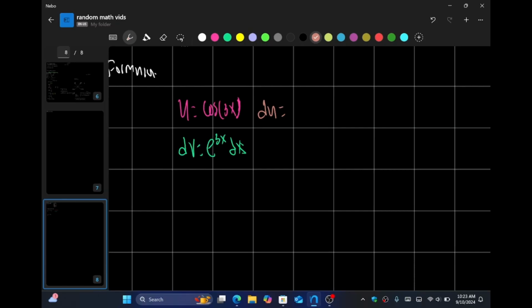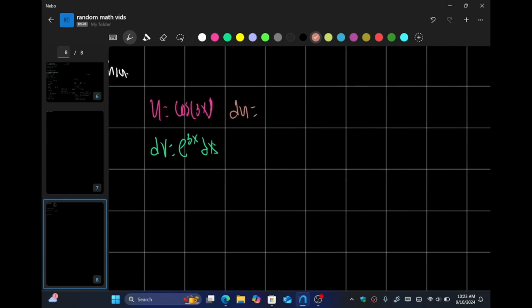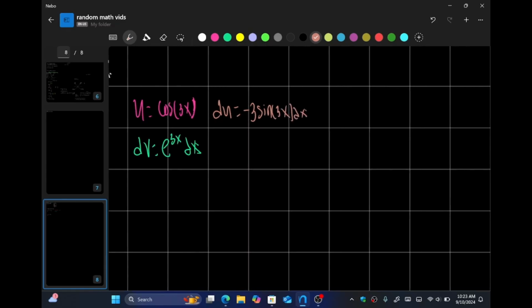So du is going to be negative sine of 3x, so it's going to be negative 3 sine of 3x dx. And then v itself, I'm just going to state what it is: e to the 3x over 3.